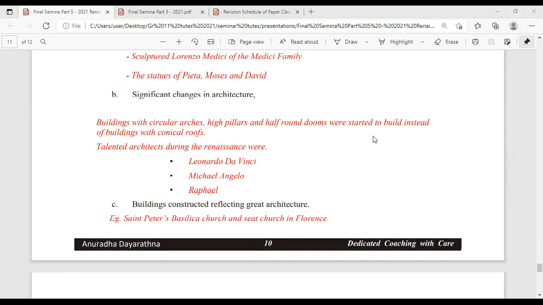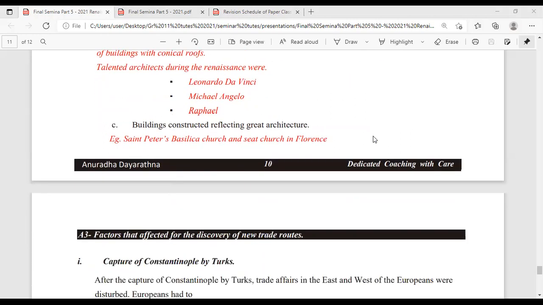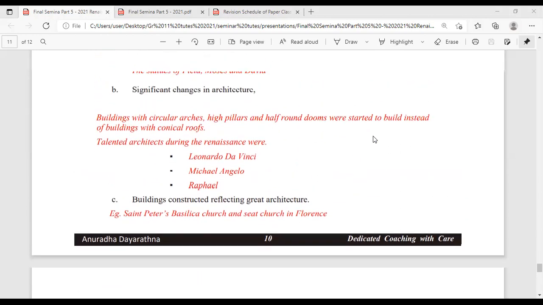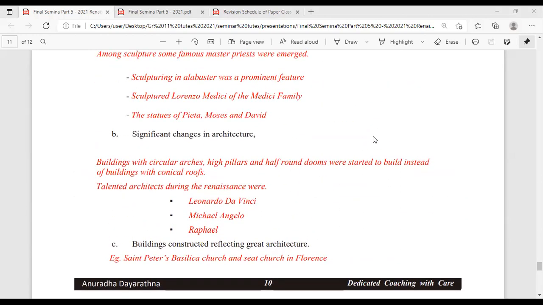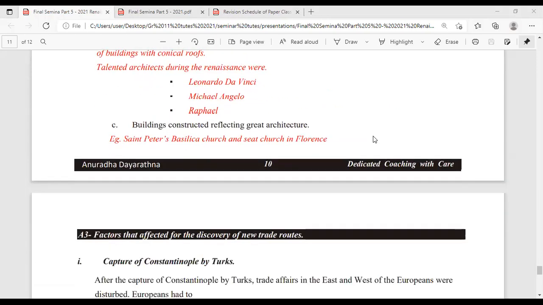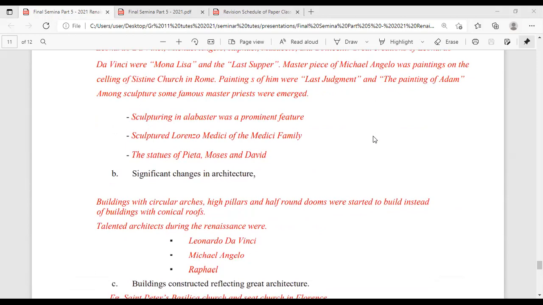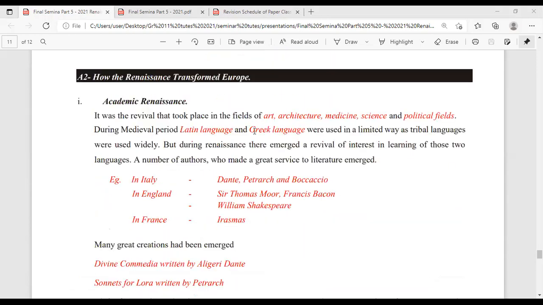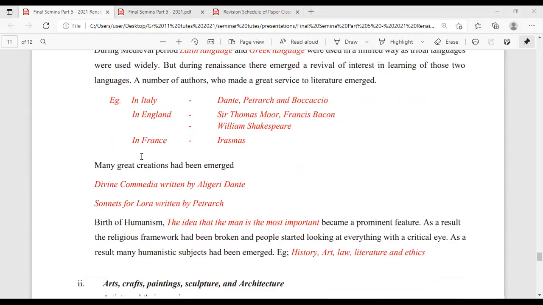Okay, then going to the next part. Now this is okay. That's all. That is the end of the second question. So, how the Renaissance transformed Europe: the academic Renaissance and changes.